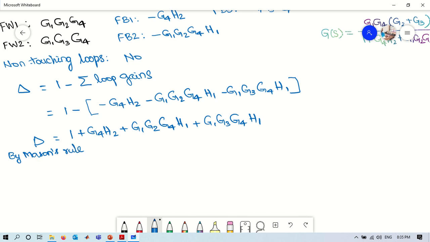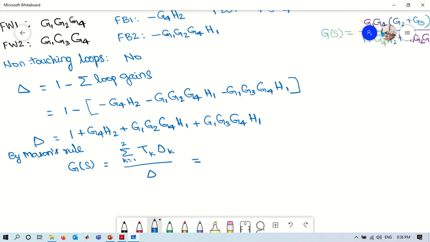G of S is computed as summation over K of Tk delta K divided by delta.